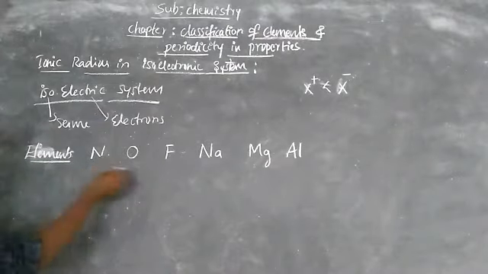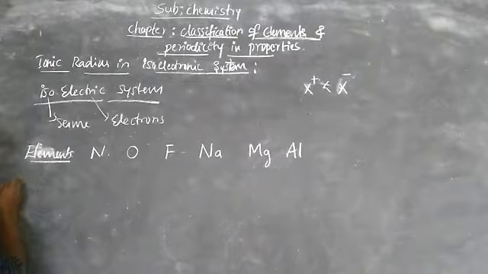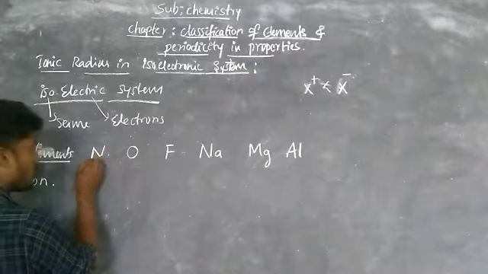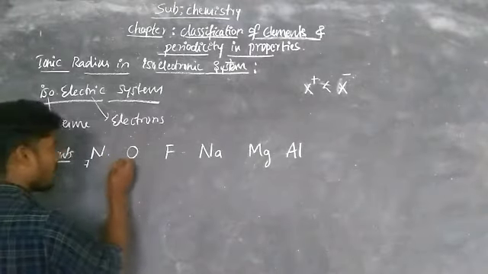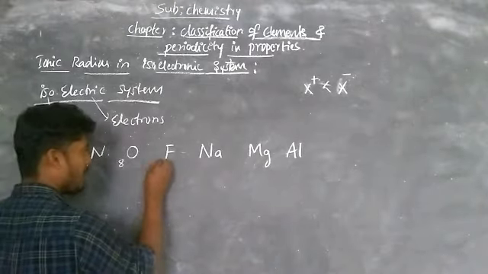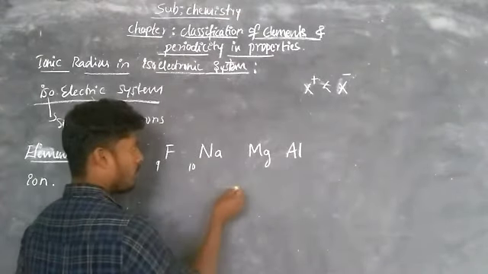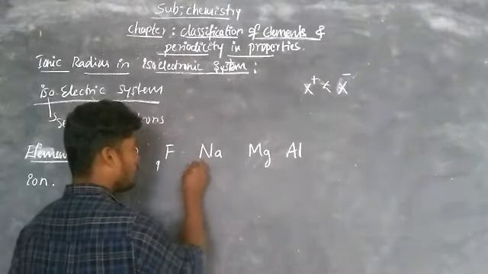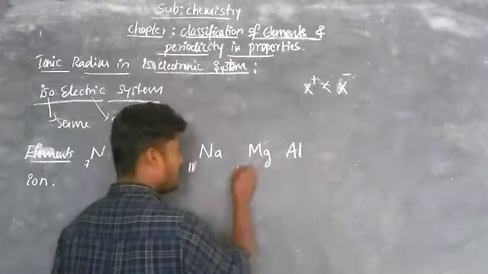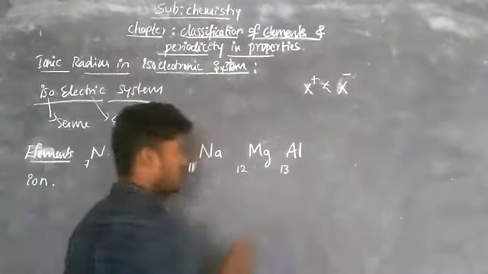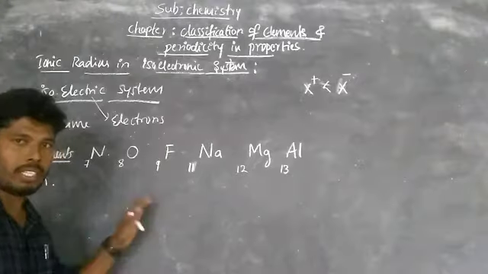What is the atomic number of these elements, that is, the charge number? The atomic number of nitrogen is 7, oxygen is 8, fluorine is 9, sodium is 11, magnesium is 12, and aluminum is 13. So these are the atomic numbers of these elements.